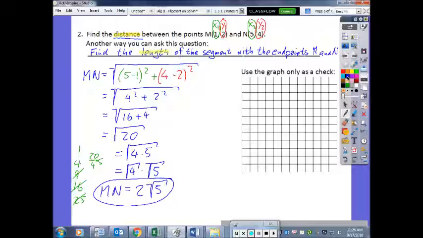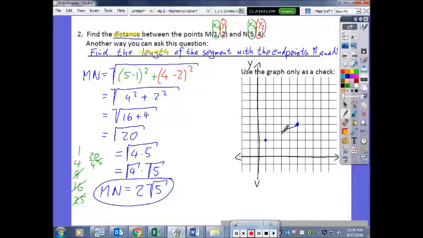Let's go ahead and plot our points. Since our coordinates are all positive, I'm going to draw my y-axis to the left and my x-axis to the bottom of our given coordinate plane. Then M is going to be 1 to the right, 2 up, and N is going to be 5 to the right and 4 up.